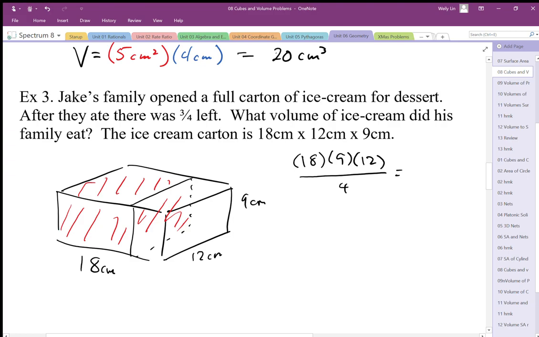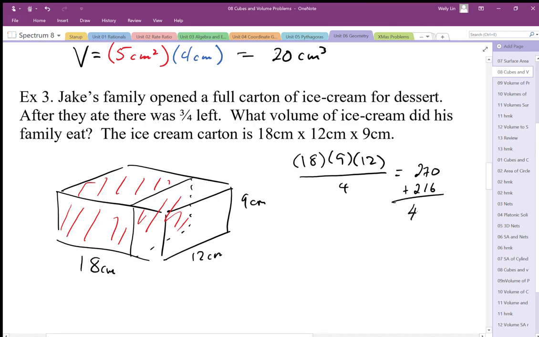So what's that going to be? 12 divided by 4 is 3, times 9 is 27, times 18. 27 times 10 is 270, plus 27 times 8, which is 216.